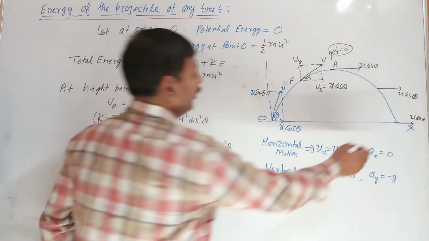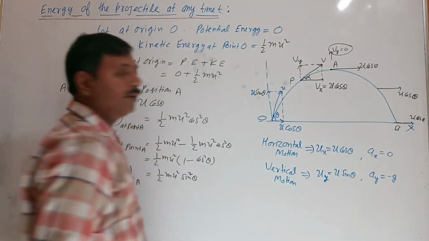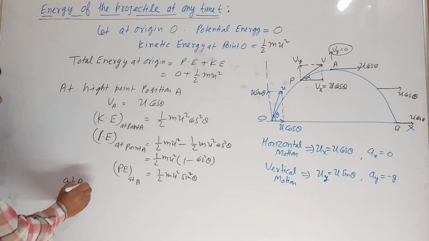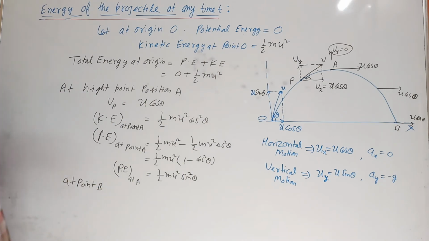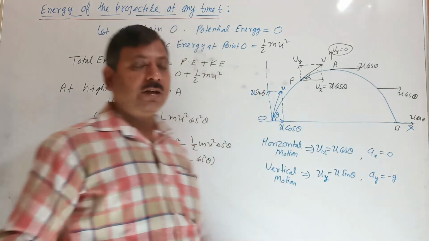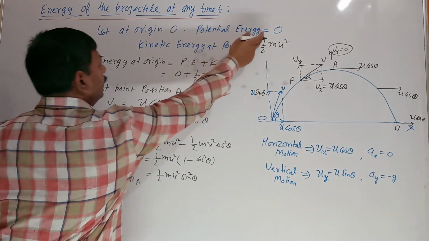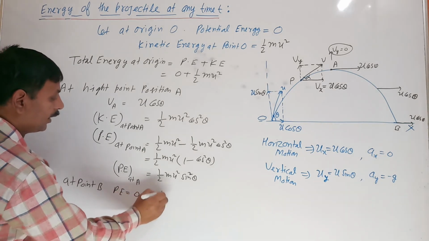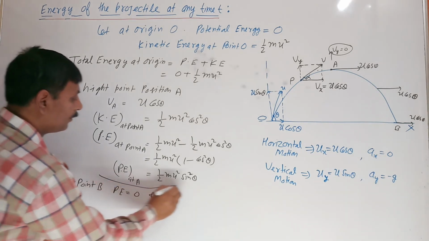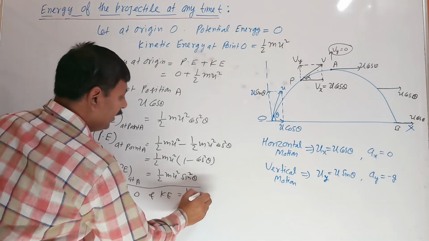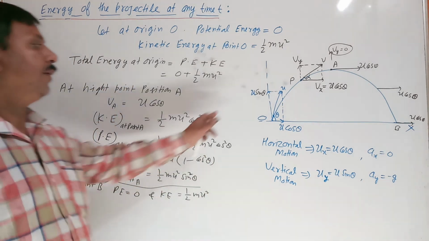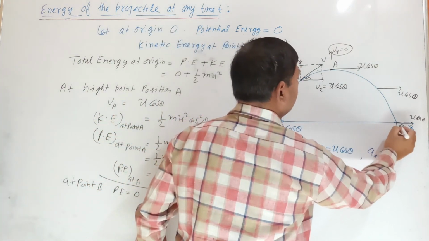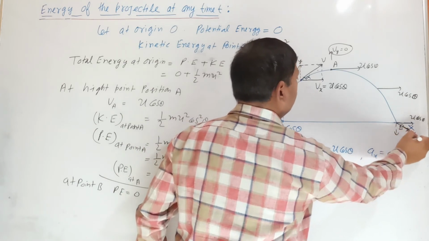Again, if we reach point B on the ground, potential energy again becomes 0 and kinetic energy will be half m u square, because the velocity will come out the same. The net velocity will be u.